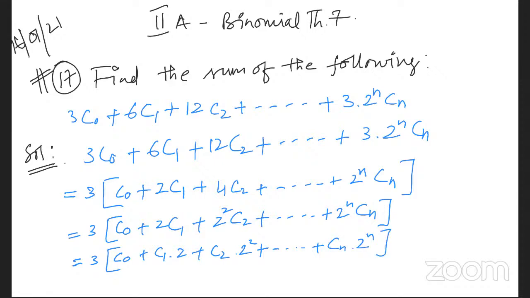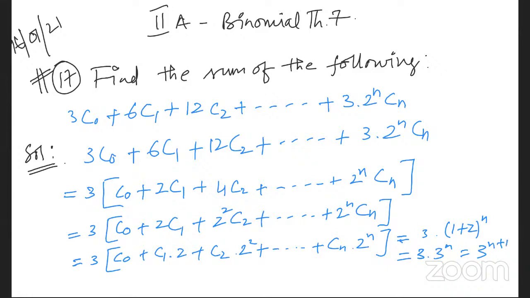So according to the identity, we have 3 into 1 plus 2 whole power n. So this will be equal to 3 into 3 to the power of n. So this is nothing but 3 to the power of n plus 1.